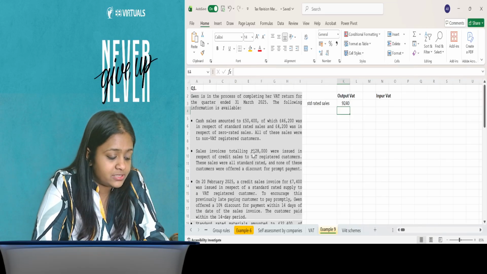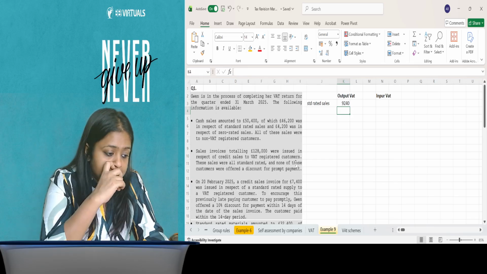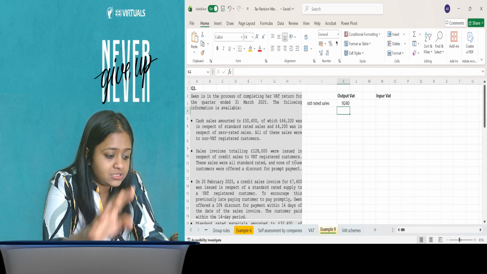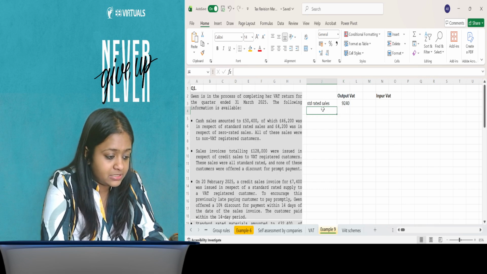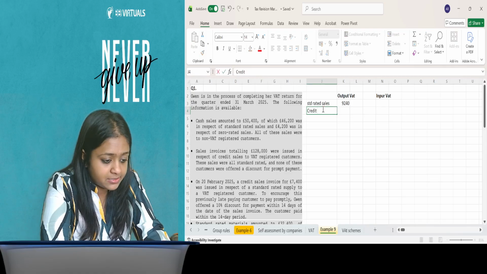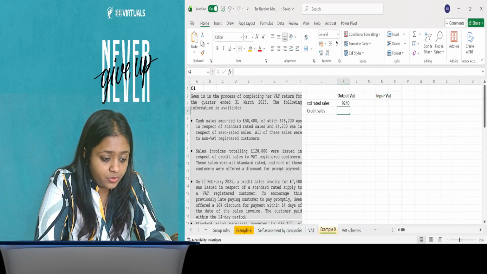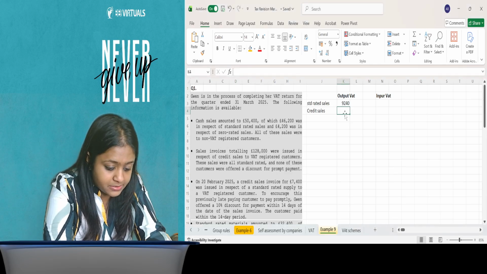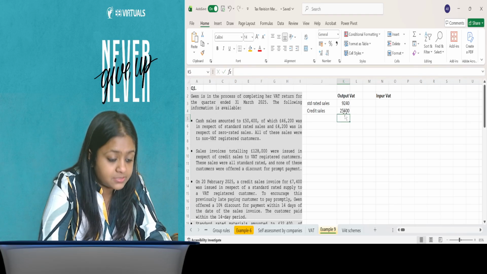Now sales invoices totaling 128,000 were issued in respect of credit sales to VAT registered customers. The sales have all been standard rated. So we will have the standard rated sales for credit sales. It doesn't matter, we apply the same standard rate, and the standard rate is 20%. So 128,000 multiplied by 20%.